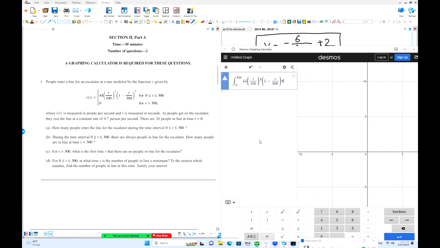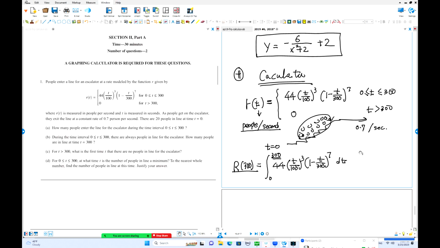A lot complicated. Taking dt all together, how much? About 270. I don't know if that's the exact number, but it's about 270. 300 seconds is 5 minutes, so in the first 5 minutes, 270 people get on the escalator line.